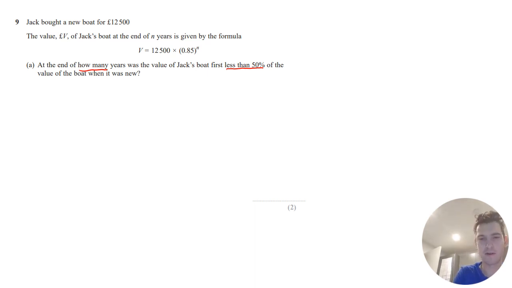Okay, so let's figure out what that value is. So 50% of the starting value is 6250. So I need to see when is the value first less than 6250.